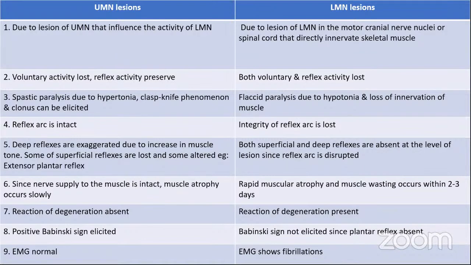You refer back to the difference between them; electromyogram in LMN lesion shows fibrillations. So that is the main difference between UMN and LMN lesions. You have to differentiate once you see a person with paralysis whether he has a UMN lesion or a LMN lesion. That's all.